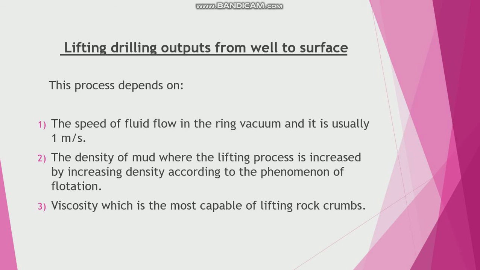Number two, the density of the mud, where the lifting process is increased by increasing density according to the phenomenon of flotation. Number three, the viscosity of the mud, which is the most capable of lifting rock crumbs. So how can the mud lift the drilling output from the well to the surface? It can do that by three factors: the speed of fluid, the density of the mud, and the viscosity.